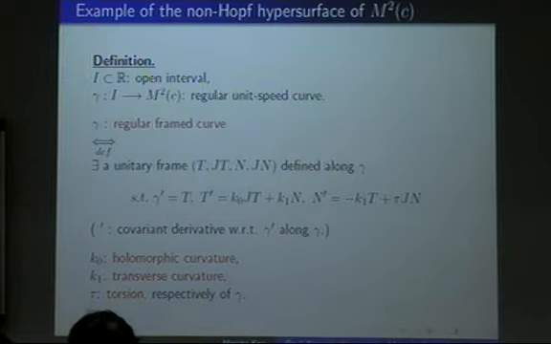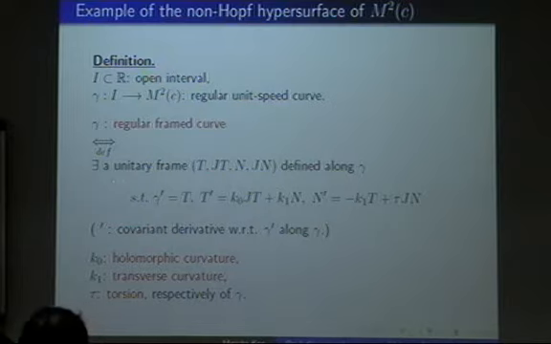Let I be an open interval in R and gamma a regular unit speed curve. It is called a regular framed curve if there exists a unitary frame T, J T, N, J N defined along gamma which satisfies these conditions. Here, this prime means covariant derivative with respect to gamma prime along gamma.